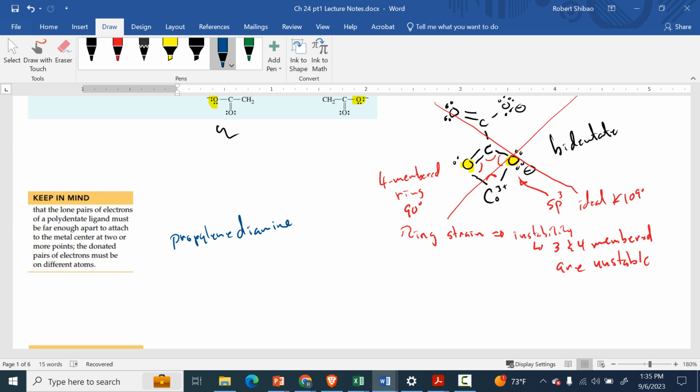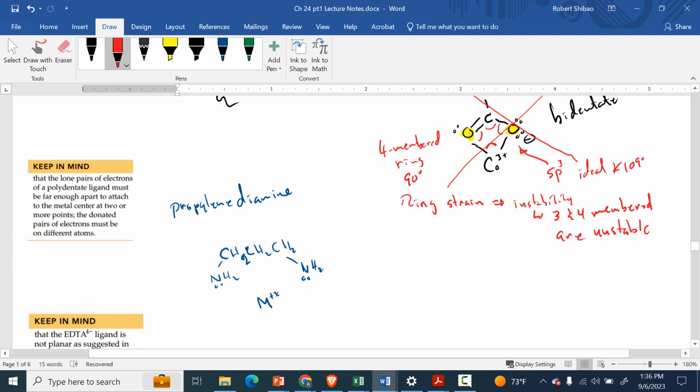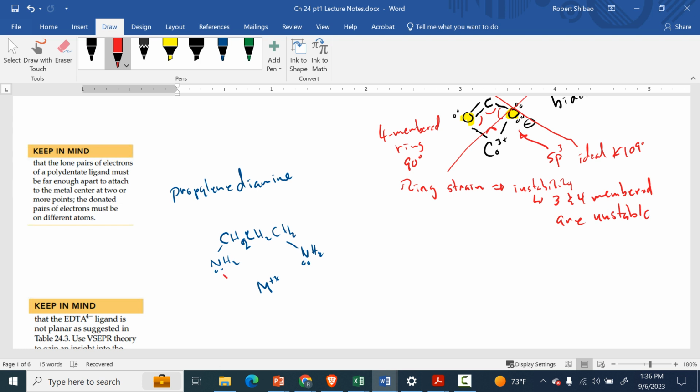And so propylene diamine is going to have 3 carbons, CH2, CH2, CH2. And then it's going to have these 2 amines on the ends here, NH2 and NH2. So if we have some central metal cation plus X here, and it attacks the central metal here, we form a dative bond here and a dative bond here.